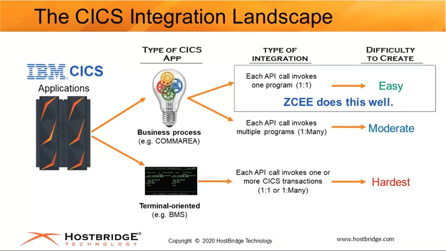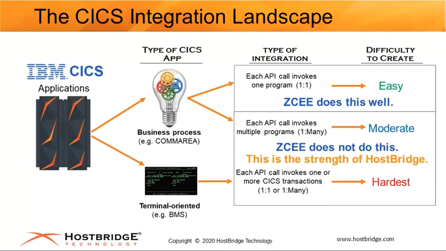We break down the types of apps and integration requirements into three categories, and this is a key part of the message for today. In those second two categories, in the one-to-many case or invoking terminal-oriented transactions, that is not something that ZCEE does.